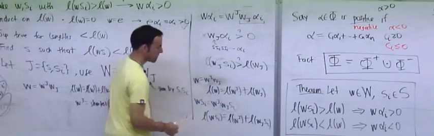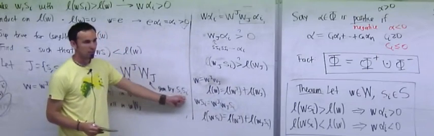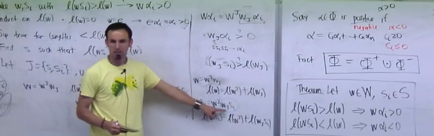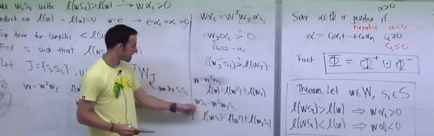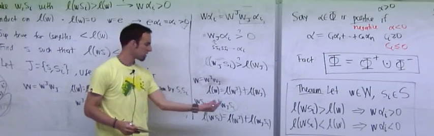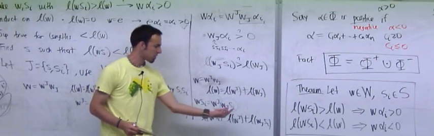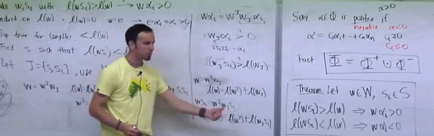And this guy is generated by s and s_i, because w_J is generated by s and s_i, and I'm just multiplying it by s_i. So that means that this thing is the factorization of this element as something in the quotient times something in the subgroup. And because of that, the length is additive.